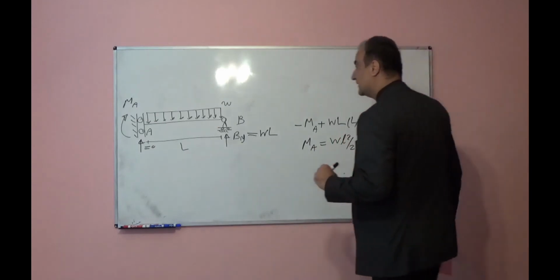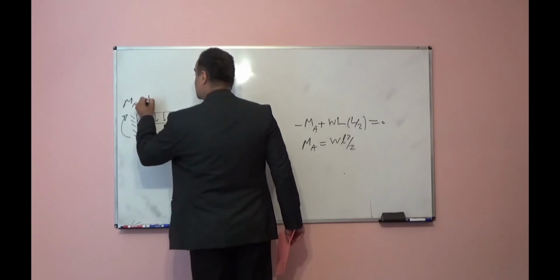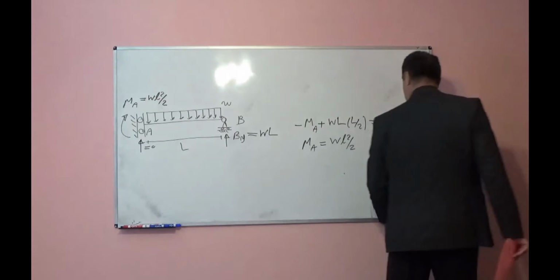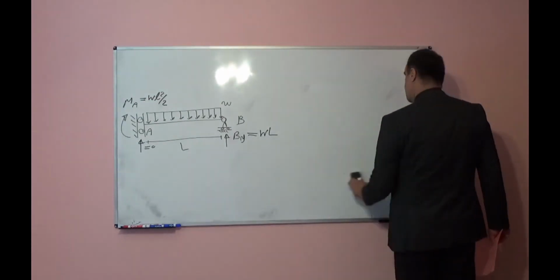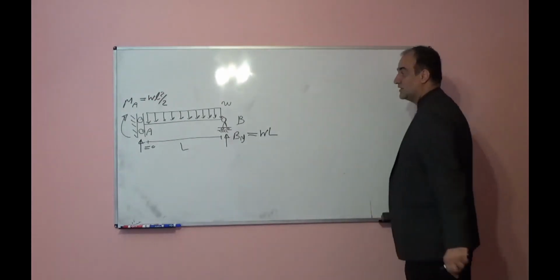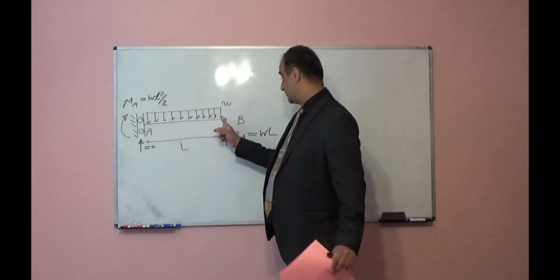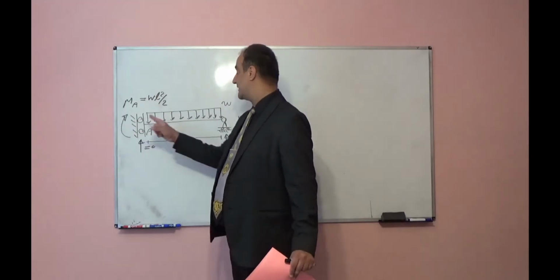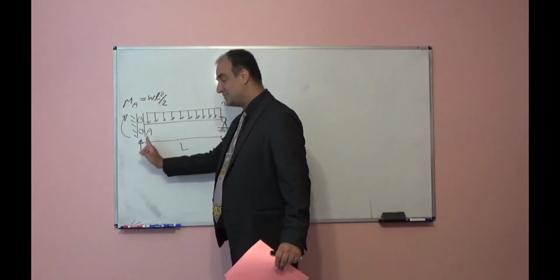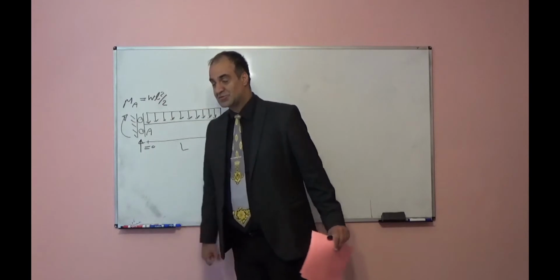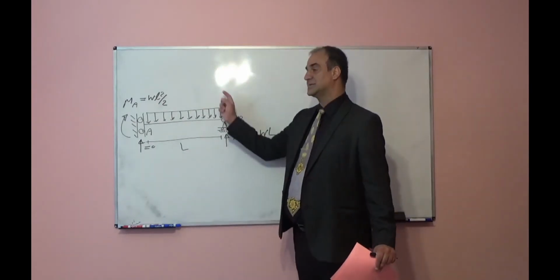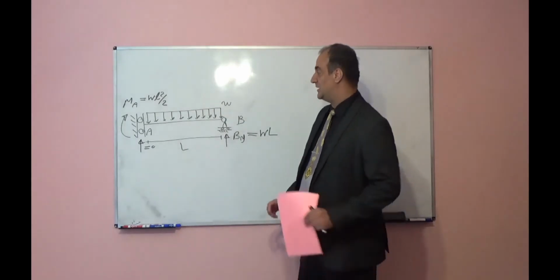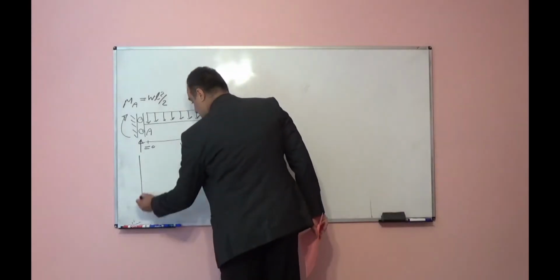And because it is positive, my initial assumption about direction is right. I wrote summation of moments with respect to point B: MA is counterclockwise, so negative, plus W times L over 2 is clockwise, so positive, equal to 0. MA will be equal to WL squared over 2.